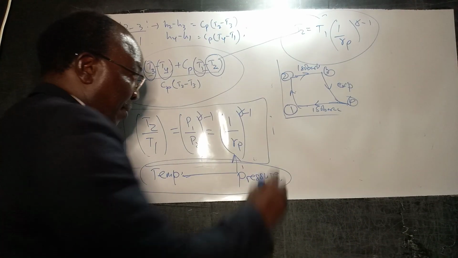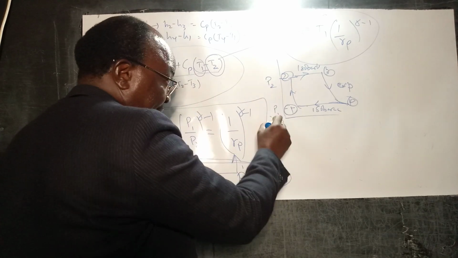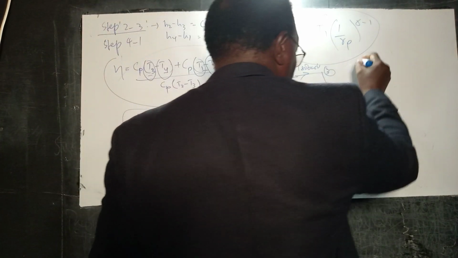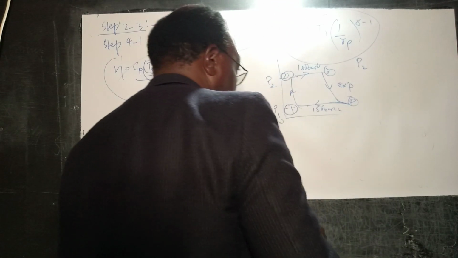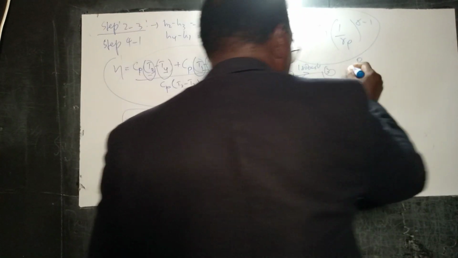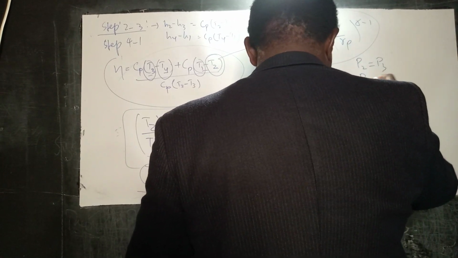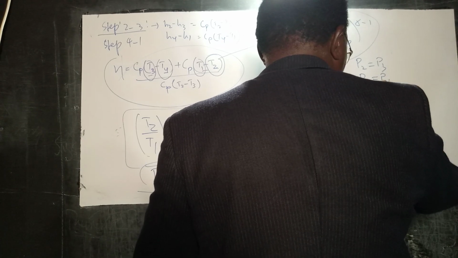Again, remember, pressure is called P1, this is called P2. We say that pressure P2 is equal to P3, and pressure P1 is equal to P4.